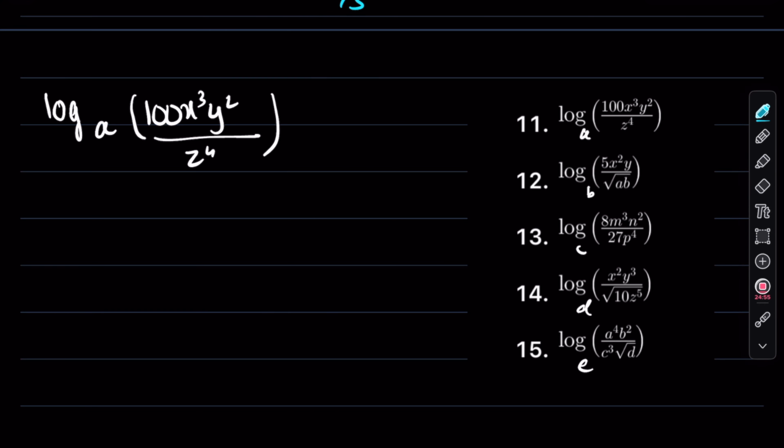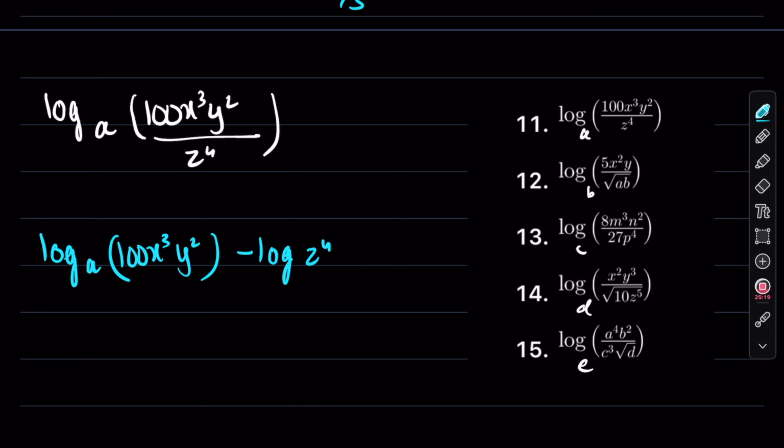What I mean is the numerator is being divided by the denominator, so we will apply the quotient rule. So it becomes log with the base of a 100 x cube y square. We write the numerator first in terms of logarithm, negative log of z raised to the power of 4.